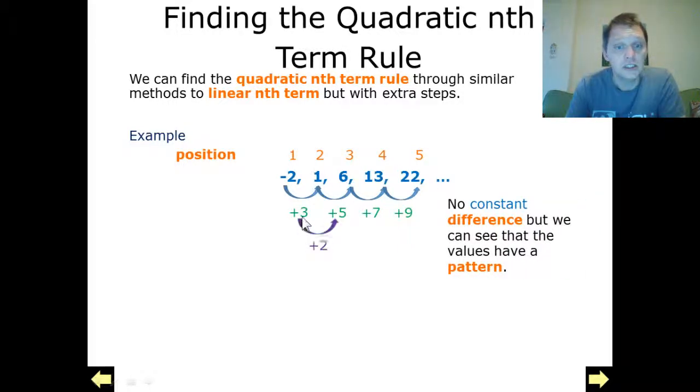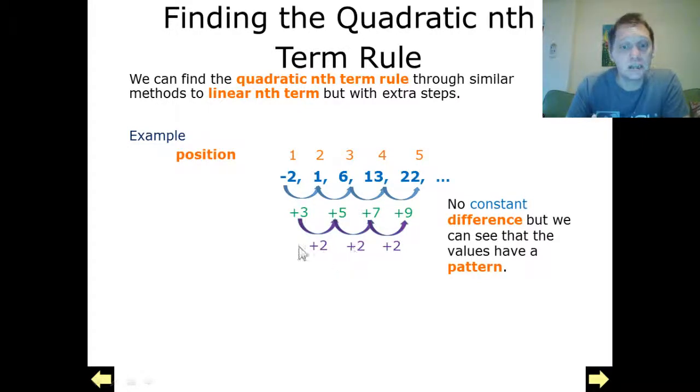How do I get from my 3 to my 5, my 5 to my 7, my 7 to my 9? Each one, I add 2 each time. I've now got a constant difference, but it's a constant difference of my difference.